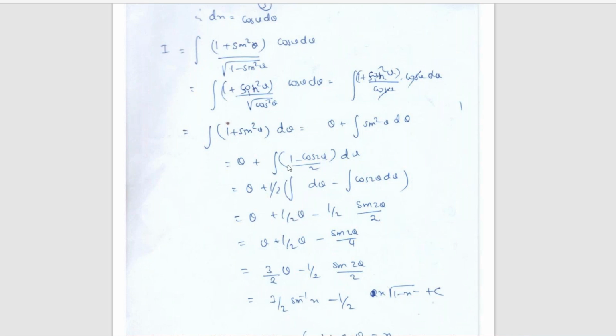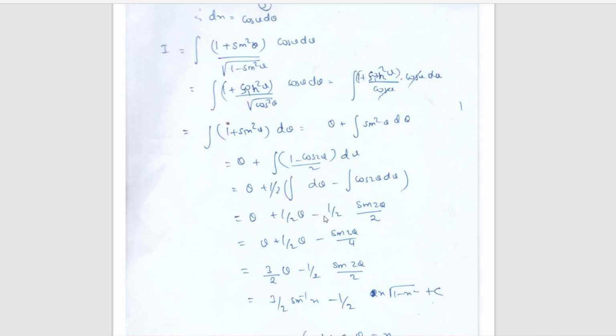I cannot integrate sine square theta directly, so I need to write the formula for sine square theta. It is 1 minus cos 2 theta by 2 d theta. Take the constant term outside, so 1 by 2. Again we have two integrals: integral d theta minus integral cos 2 theta d theta.